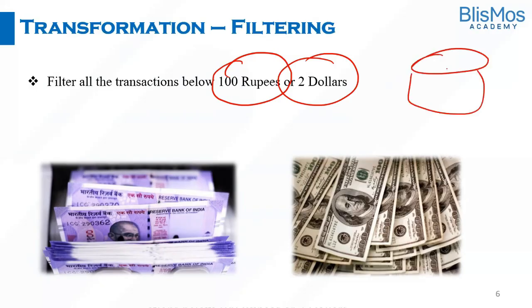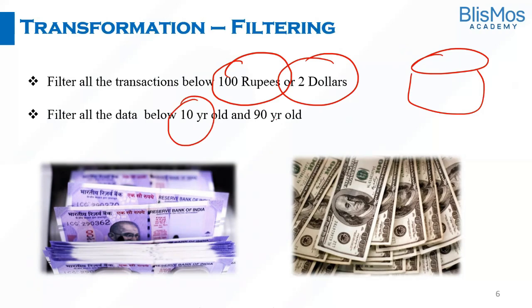That is one example of filtering. One more example is, please filter all the data where the transaction is made by a person less than 10 years old and a person more than 90 years old. That may be one example of filtering.